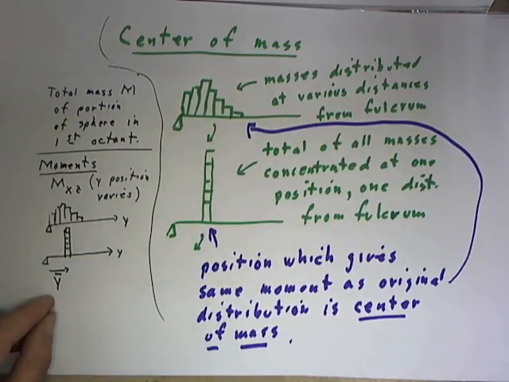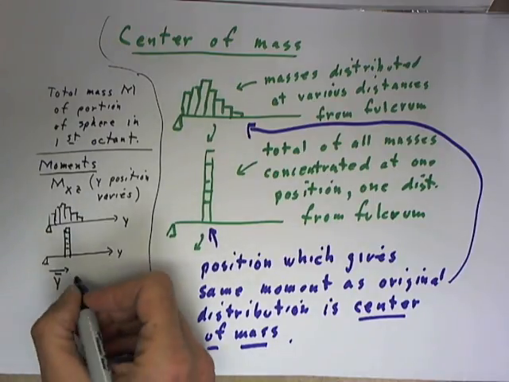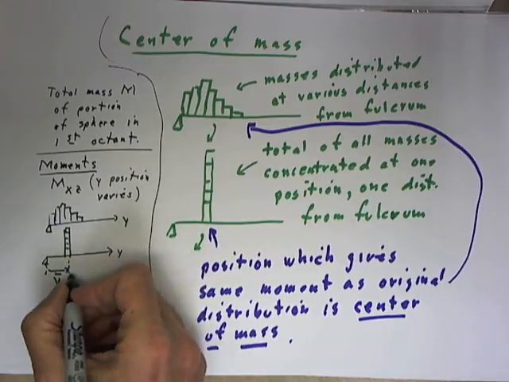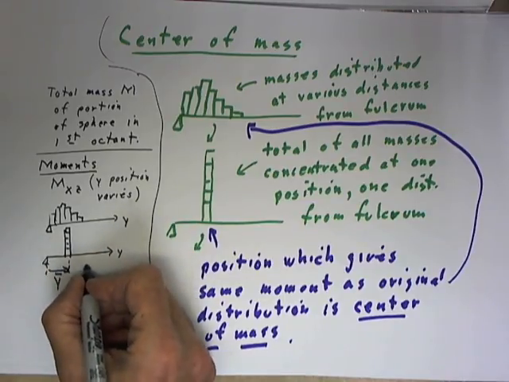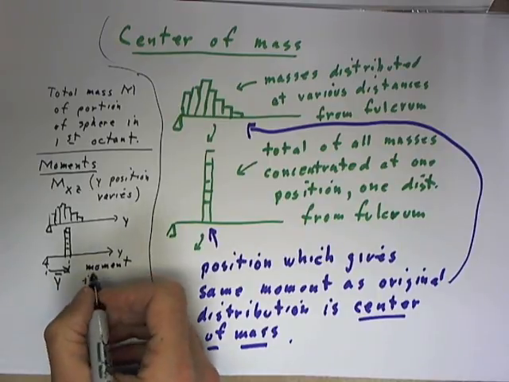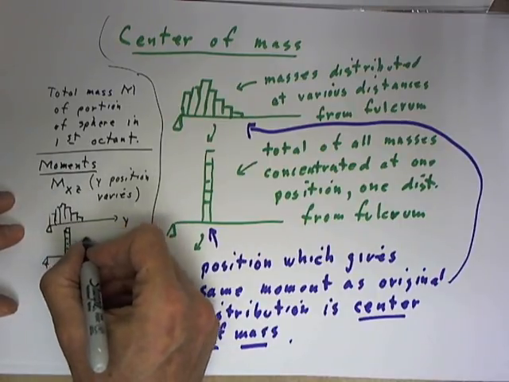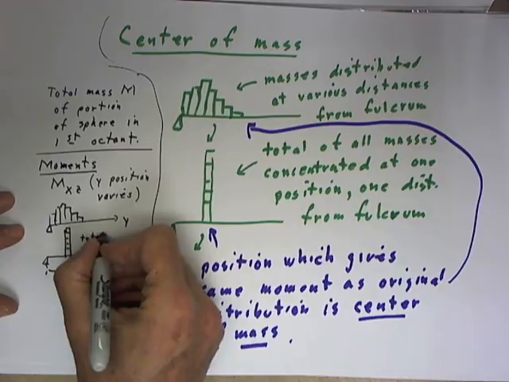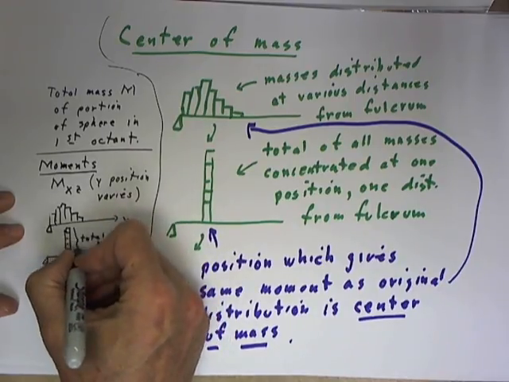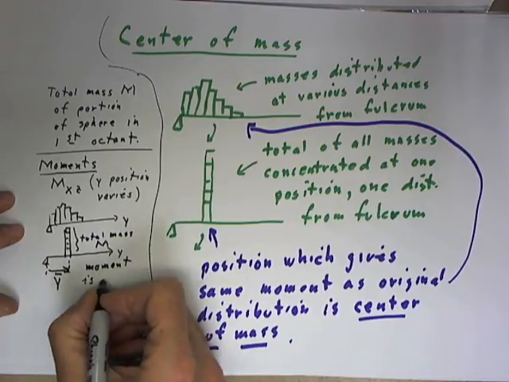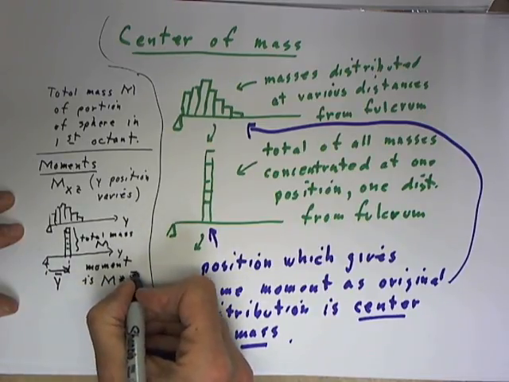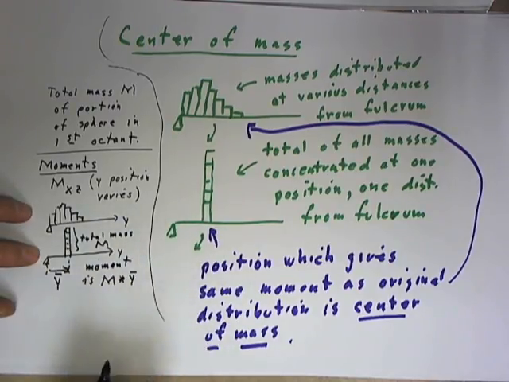If all the masses are at position y bar, then the total torque or moment is total mass times its position on the y-axis.